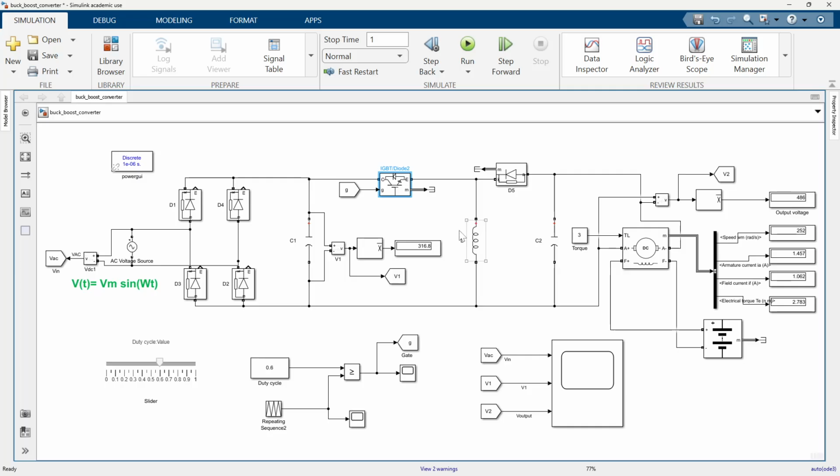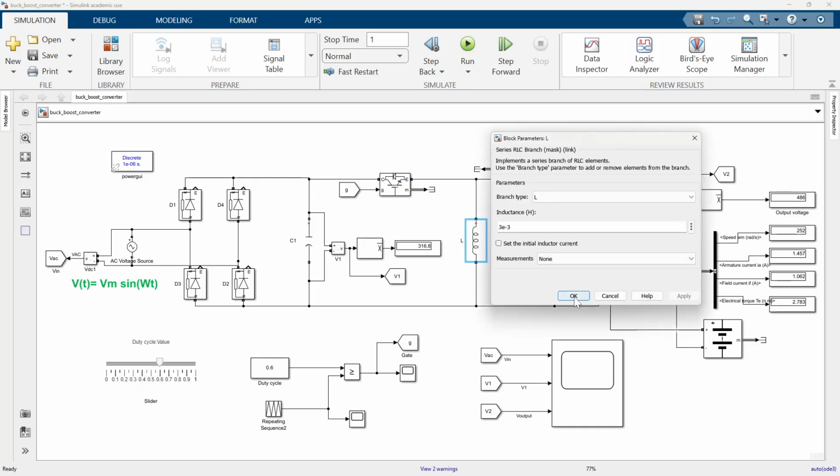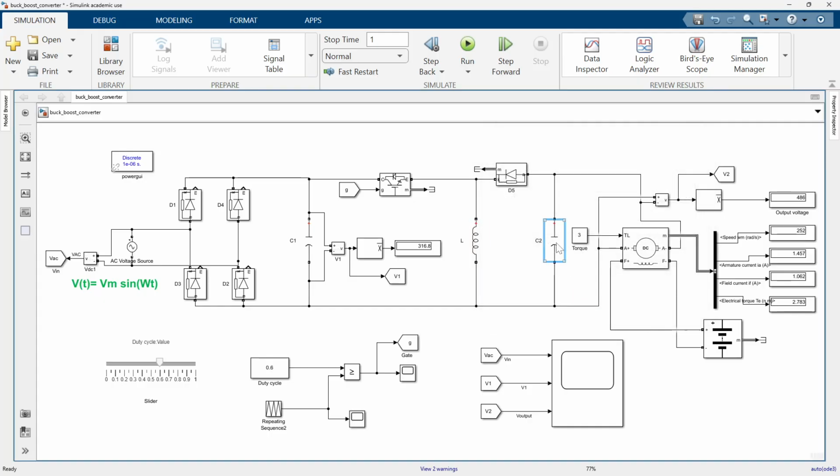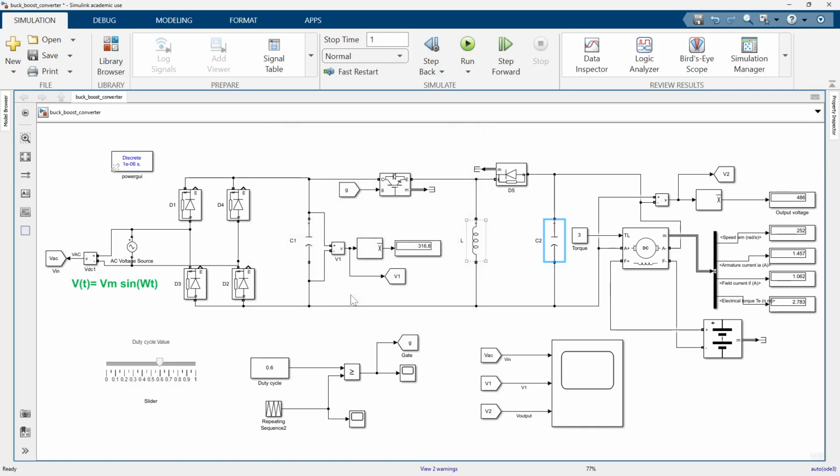For the buck converter, we have an inductor of 3 microhenry and another capacitor C2 of 2200 microfarad. Then a diode D5 is connected as shown here, and finally its output is connected to the armature of the motor.